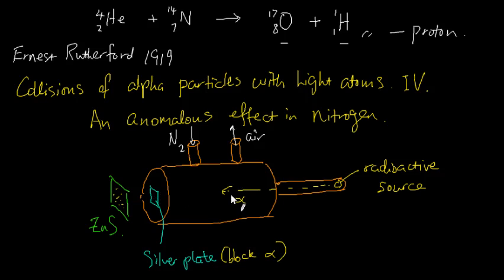It is stopped quite easily. So alpha particles cannot go through, which is why it is surprising, because if alpha particles can't go through here, what is it that produces these spots of light that Rutherford observed?